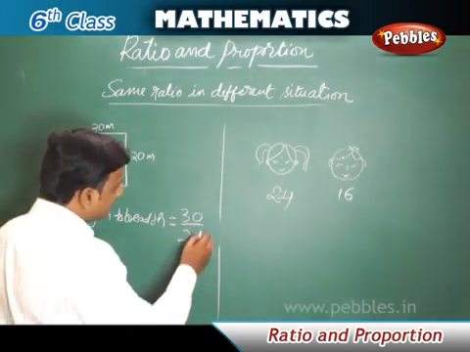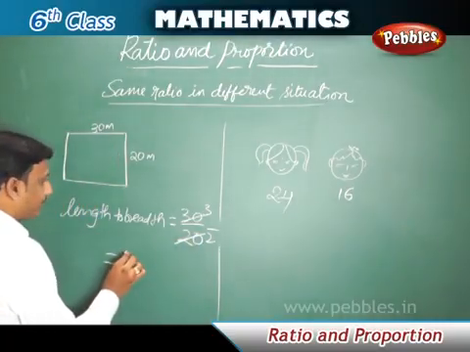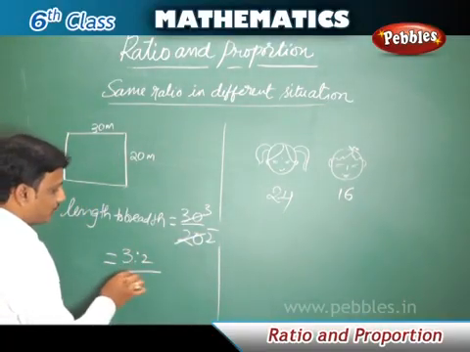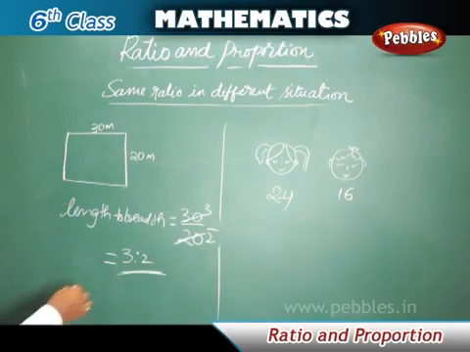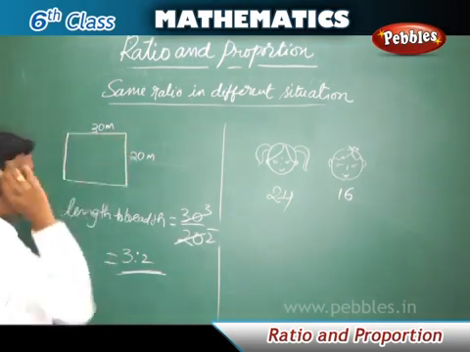So if we take 10 3 times, 10 2 times, so it is 3 is to 2. So 3 is to 2 is the ratio of length to the breadth of the room.